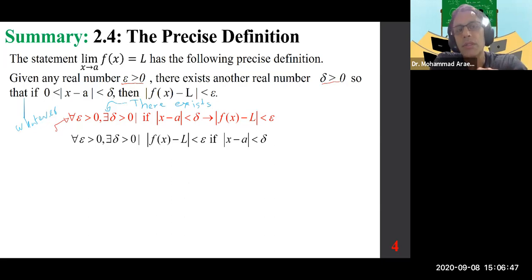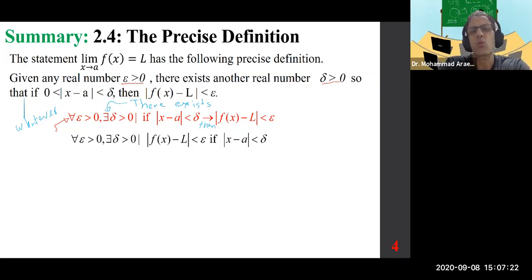Whatever the value of epsilon larger than 0, there exists a delta larger than 0, such that if the absolute value of x minus a is less than delta, then, of course, everybody remembers this arrow means then. If absolute value of x minus a is less than delta, then absolute value of f of x minus L is less than epsilon.